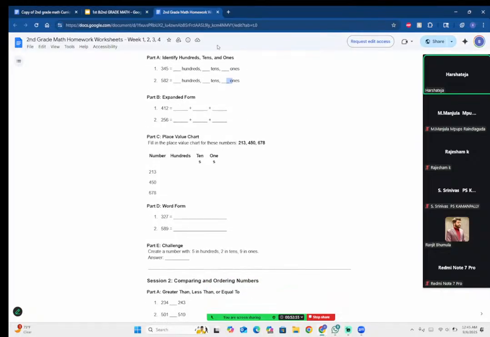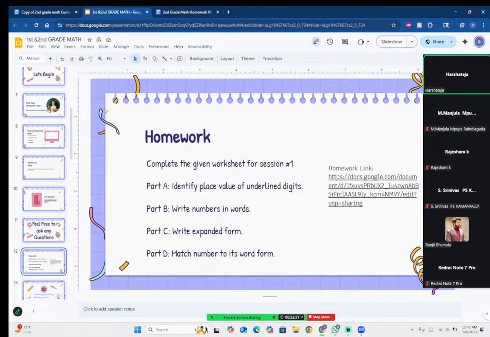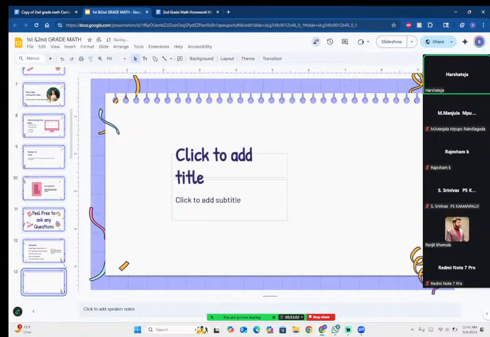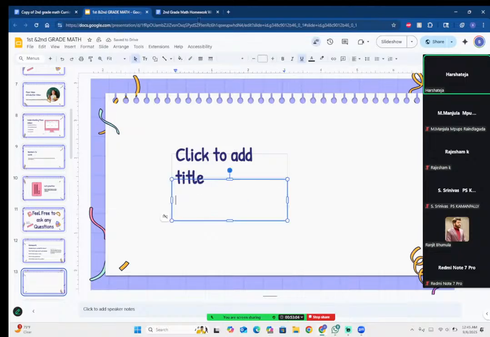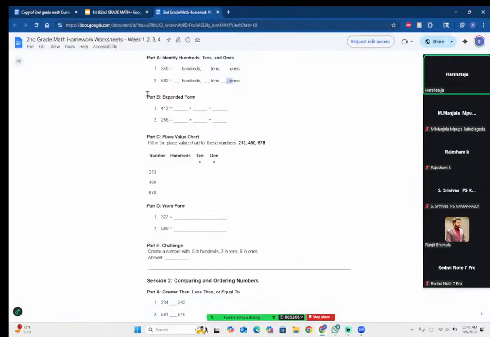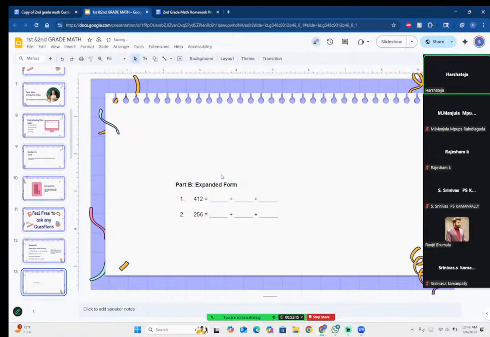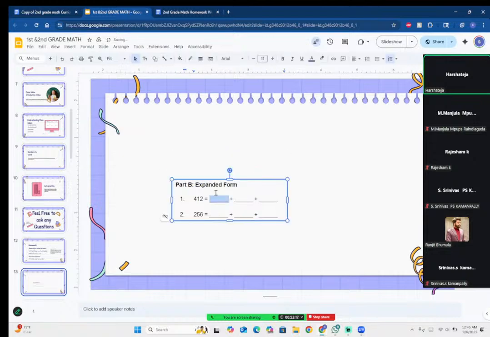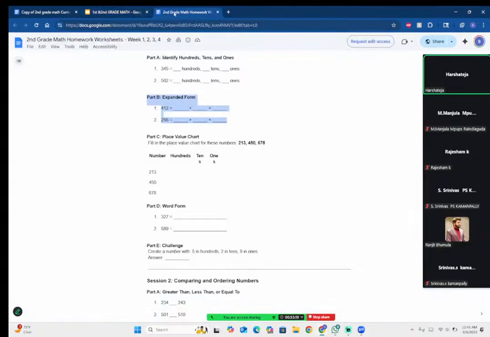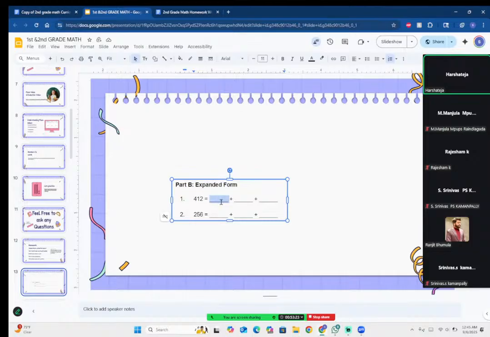Now expanded form. So 412. In the hundreds place, there's a 4.